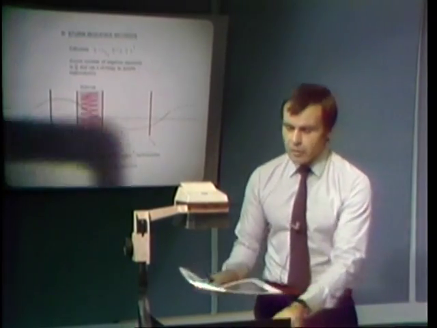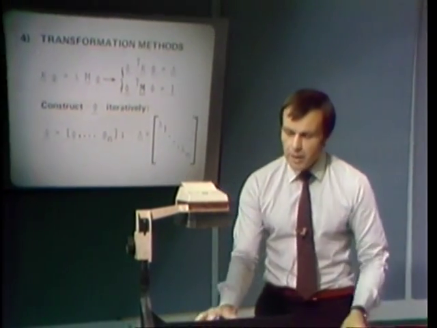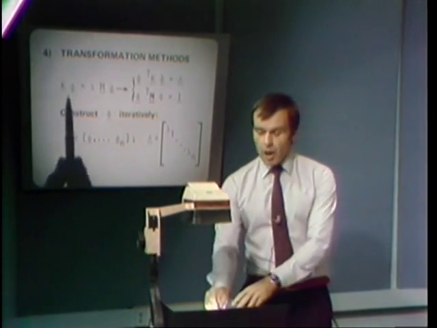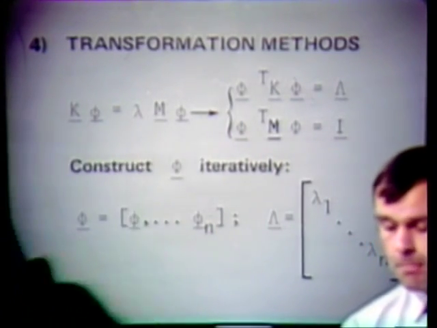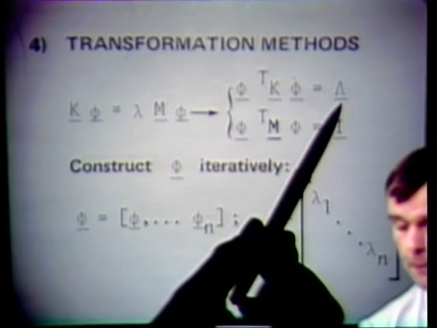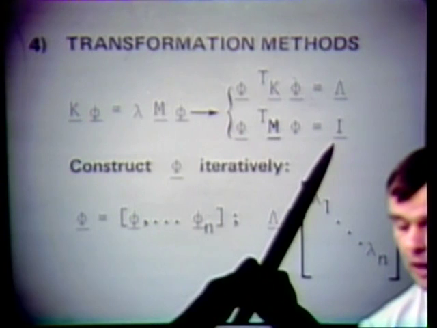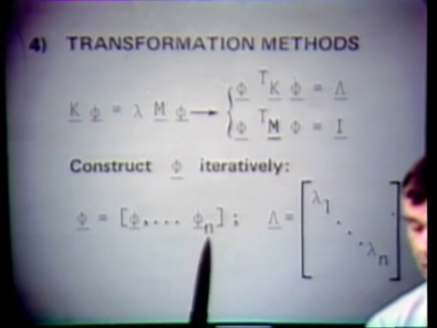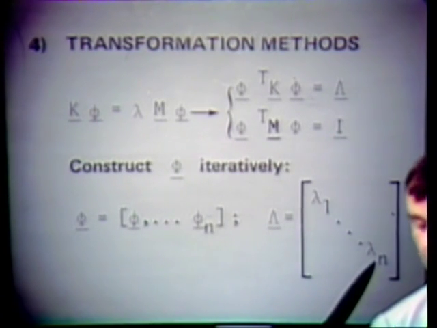Finally, a whole class of methods that I would like to briefly mention to you are the methods of transformations, where we are operating on this eigenvalue problem, recognizing that phi transpose K phi is equal to lambda, and phi transpose M phi is equal to I, where phi is defined as shown here and lambda is defined as shown here.